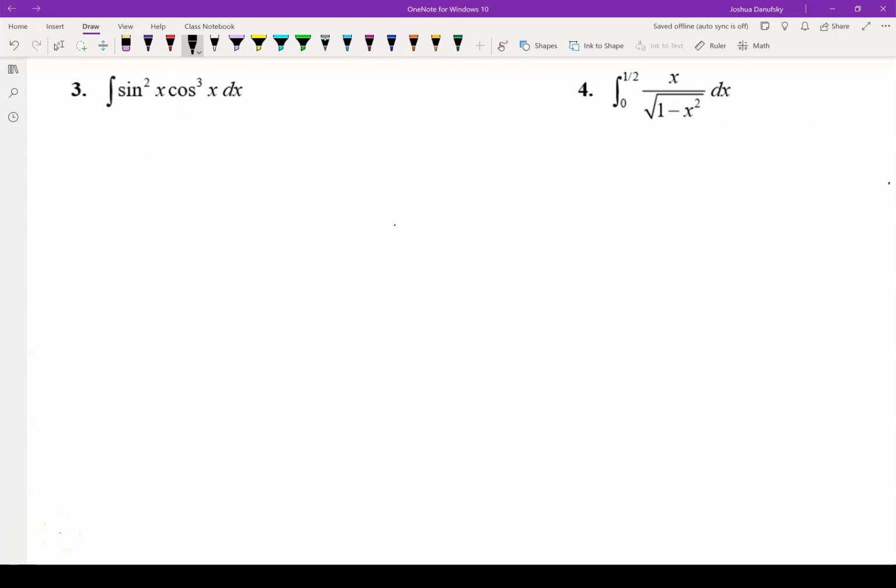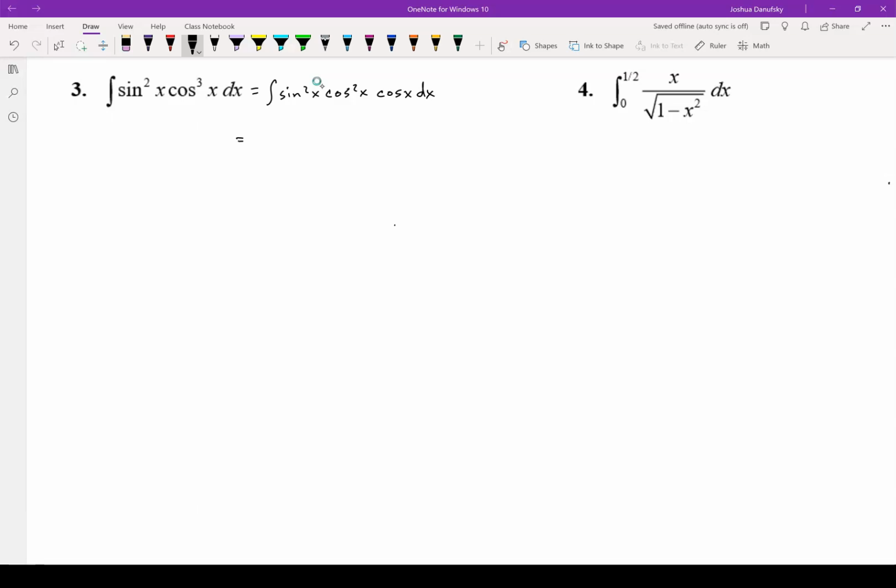Number 3, the integral of sine squared x cosine cubed x dx. So here we notice that we have an odd exponent on cosine, and so we'll go ahead and save one cosine x along with dx so that we can substitute using a Pythagorean identity and then u sub. So we have the integral of sine squared x, cosine squared x, cosine x dx.